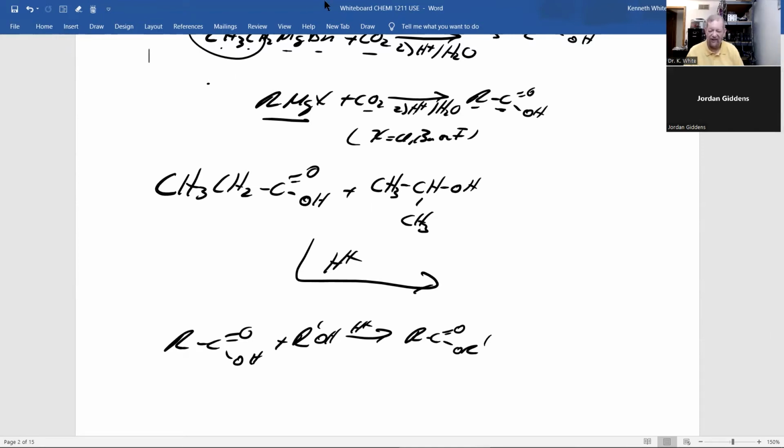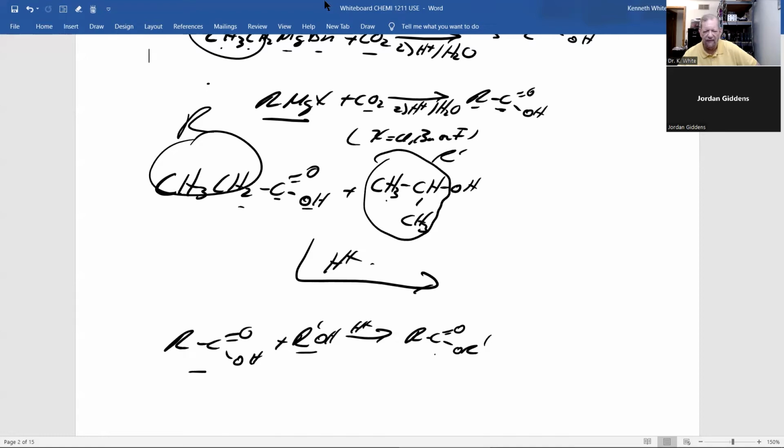All right, let's get going. If we look here, what do we have? That's oxygen double bonded to carbon, hydroxy group on carbon. It's a carboxylic acid. Hydroxy group on carbon, alcohol, acid catalyst, you make an ester. What's my R group? That. What's my R prime? Isopropyl.